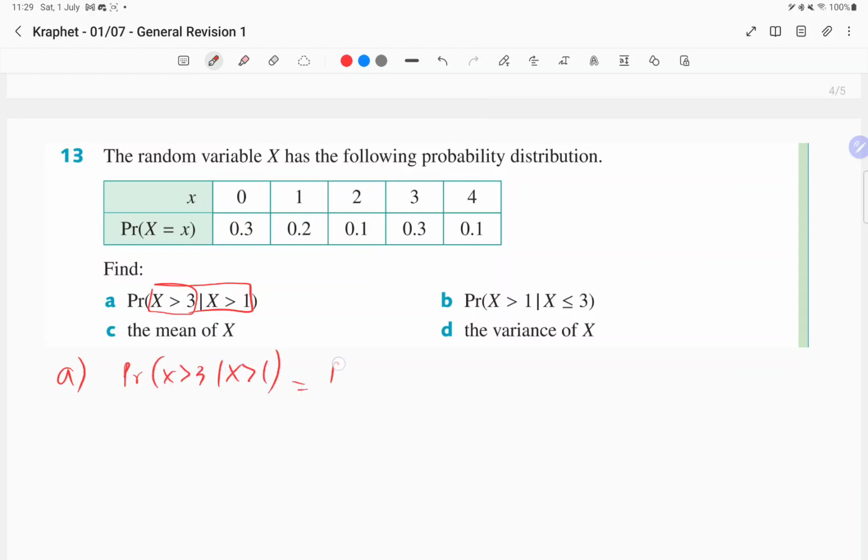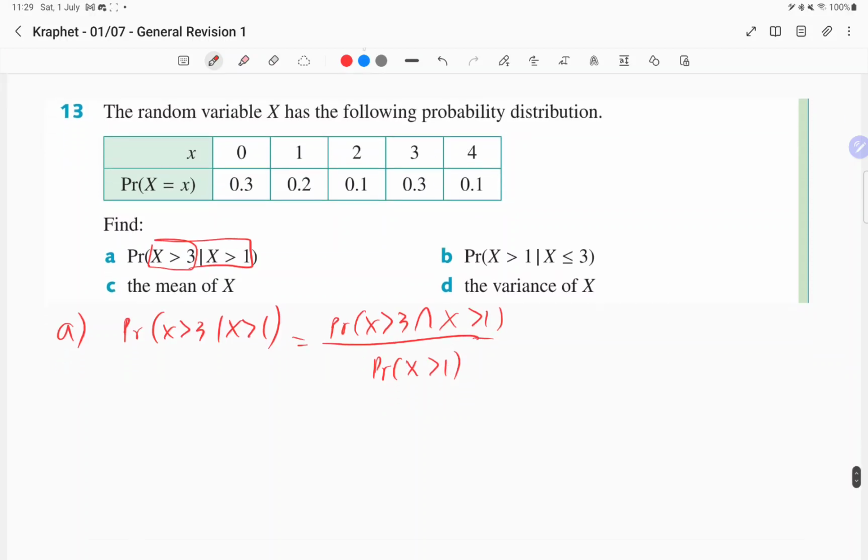First, the top would be the probability of x more than 3 and x more than 1, over the probability x is more than 1. I'll give you another spiel on conditional probability, because normally the number line goes from negative infinity to positive infinity, so that's a whole domain.